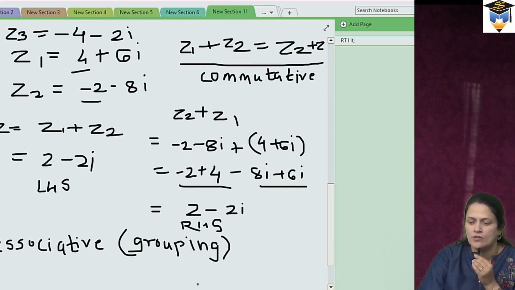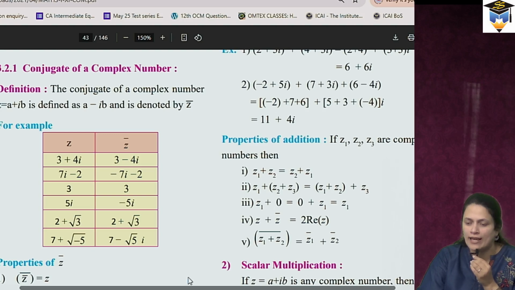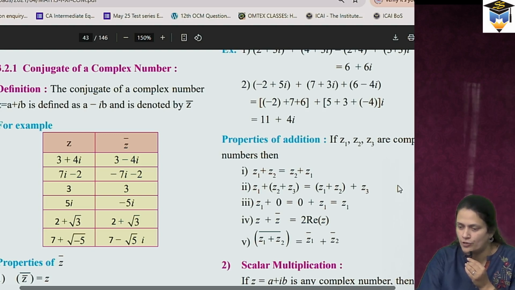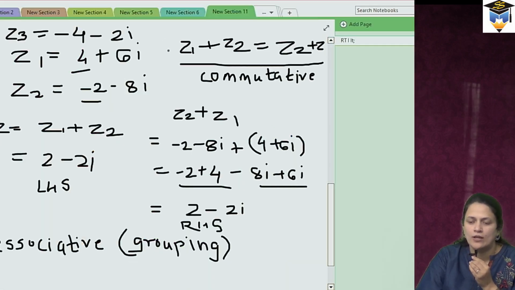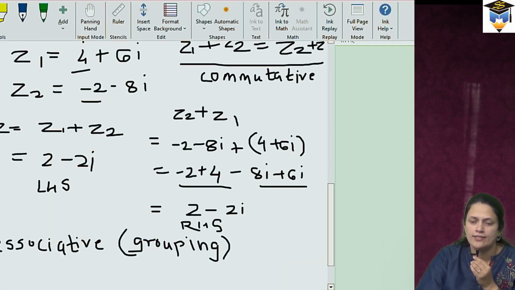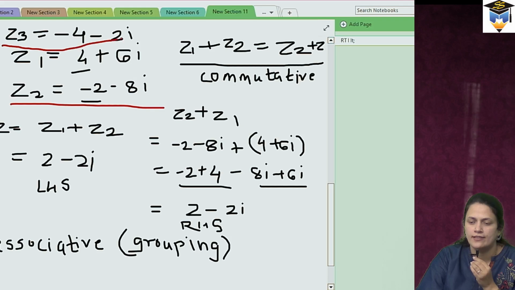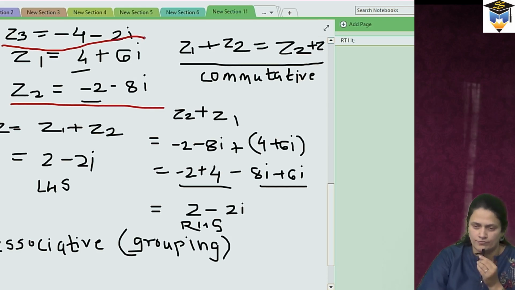Okay, so now substitute the values in this property and check whether you are getting LHS equal to RHS. So first you will add Z2 plus Z3. So now what is Z2 plus Z3? This is our Z2, this is our Z3. Add these two.